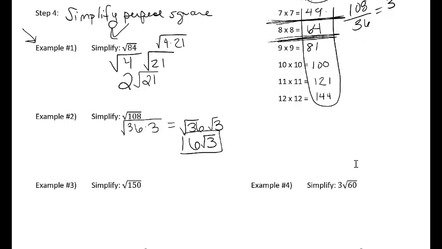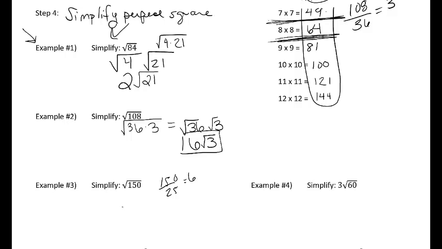Take a minute and pause this video and restart when you have the largest perfect square that divides evenly into 150. So hopefully when you did your testing, you tried 64, 49, 36, but I do believe 25 works because it goes in evenly 6 times.